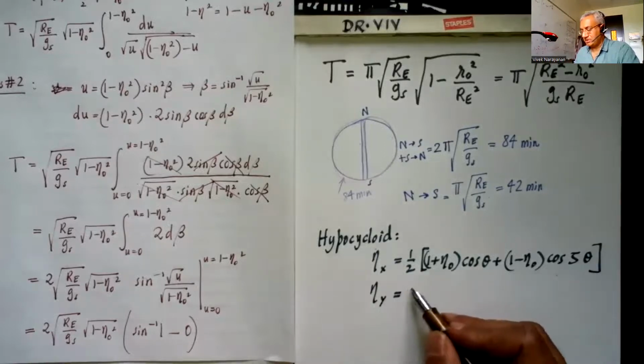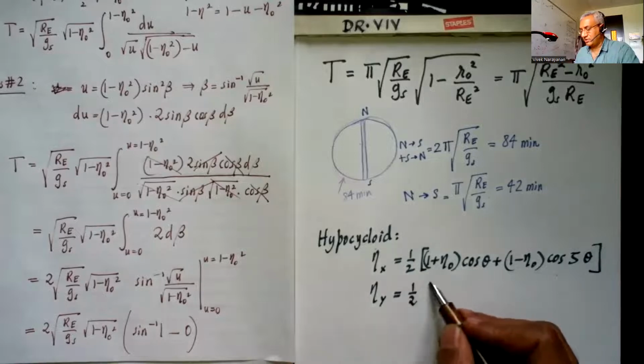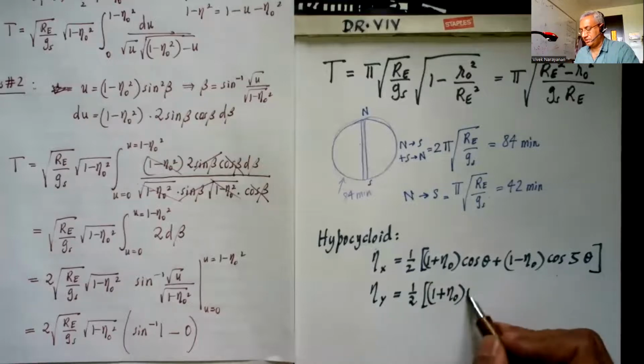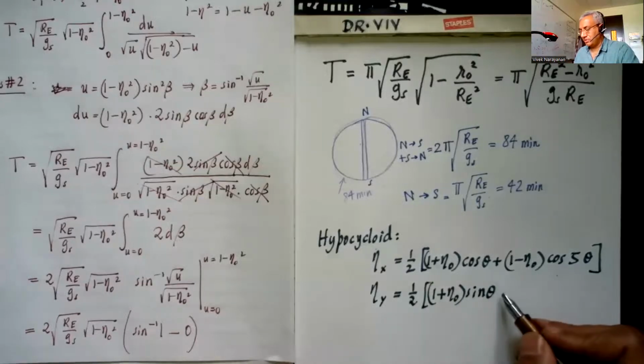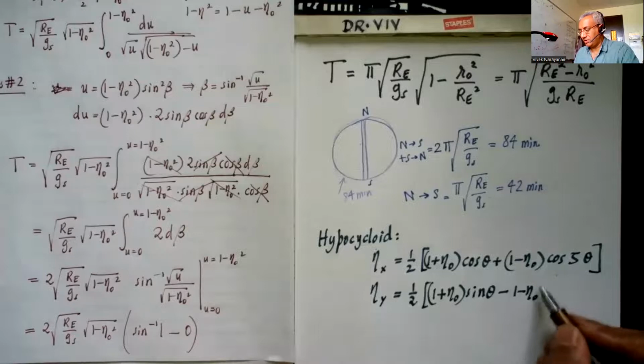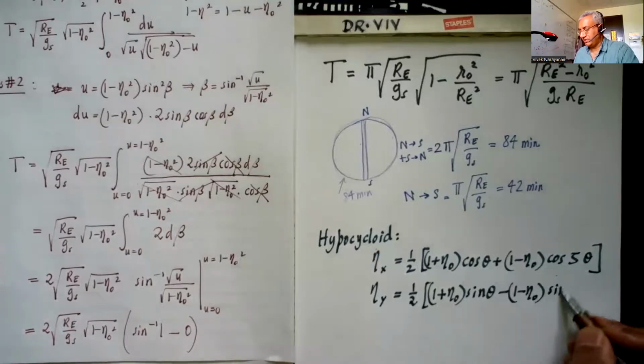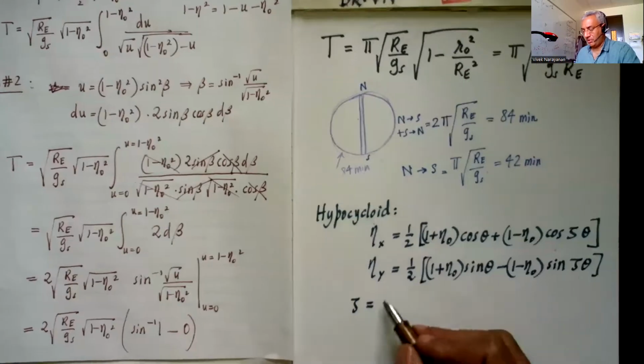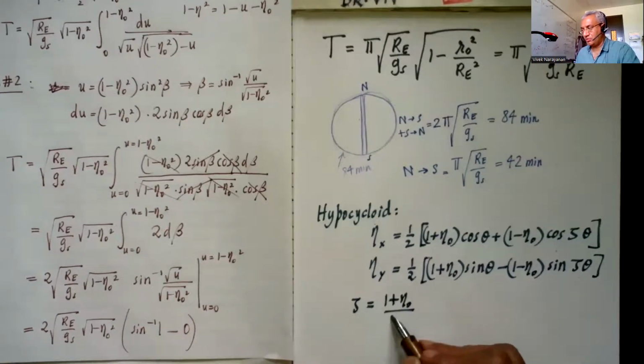And eta y is 1/2 of (1 plus eta naught) sine theta minus (1 minus eta naught) sine zeta theta, where zeta is a ratio of 1 plus eta naught to 1 minus eta naught.